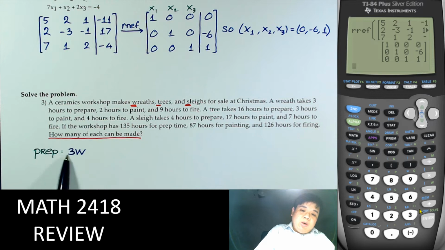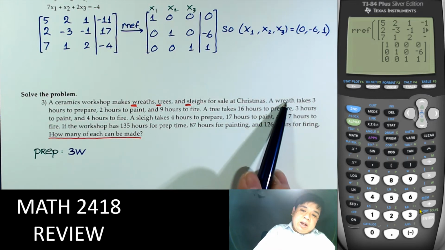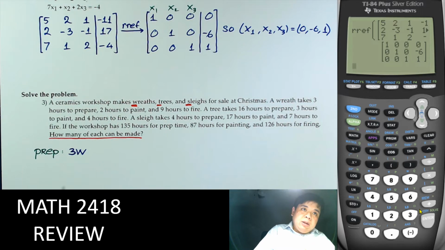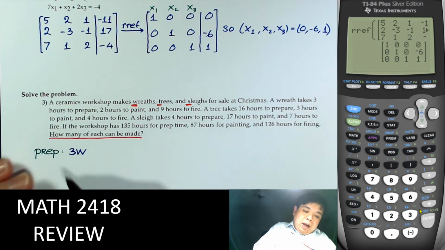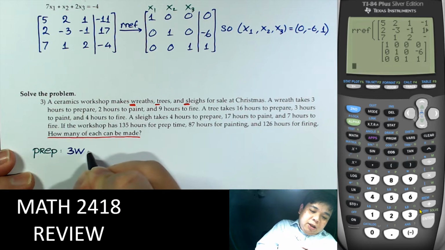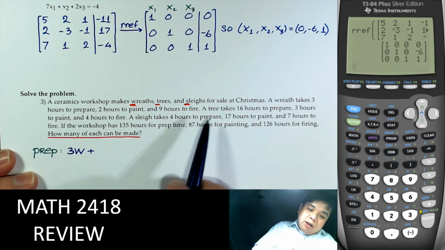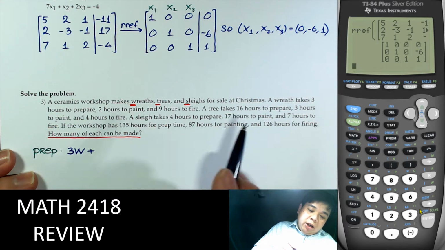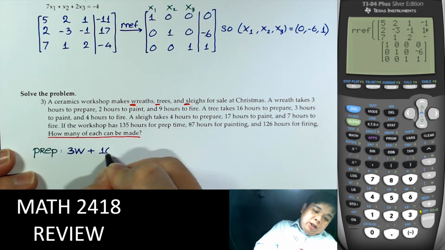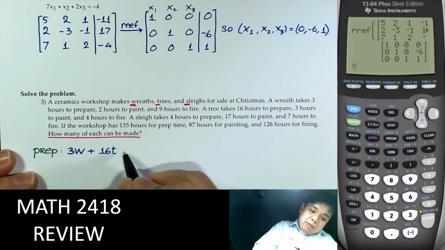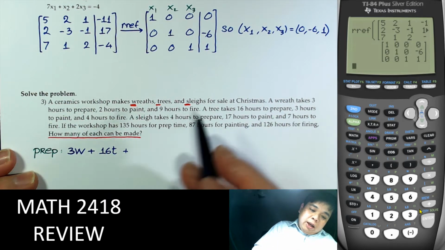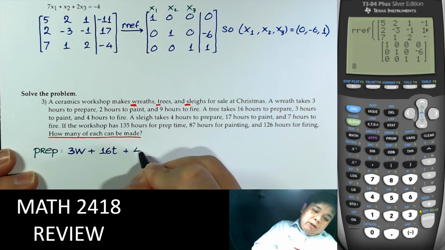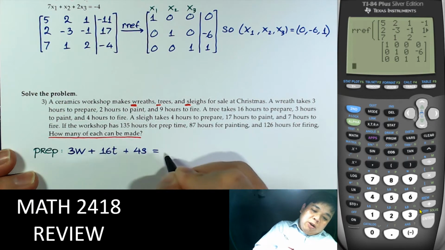That is the total prepare time for bricks. A tree takes 16 hours to prepare, so 16 hours for each tree. And a slate takes 4 hours to prepare. The total is 135 hours.